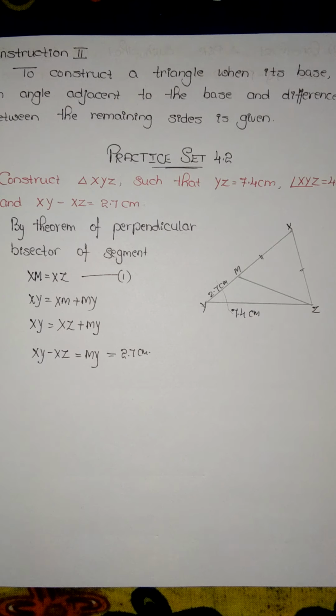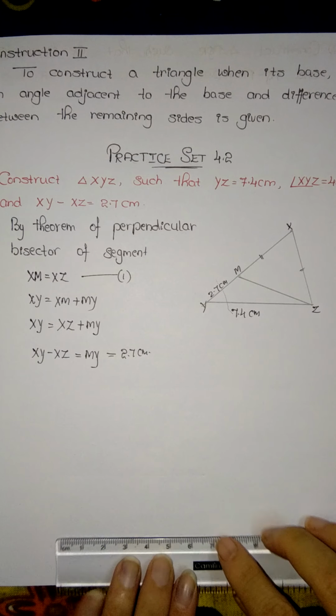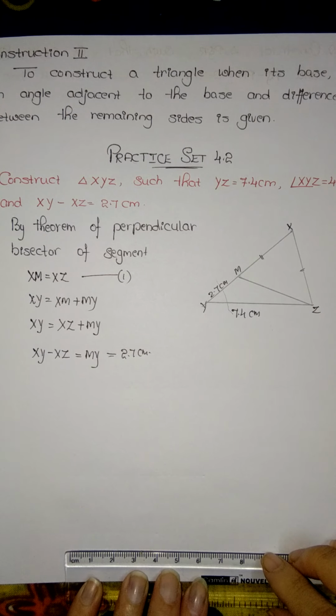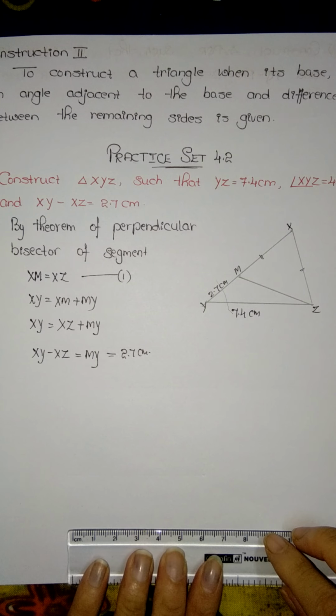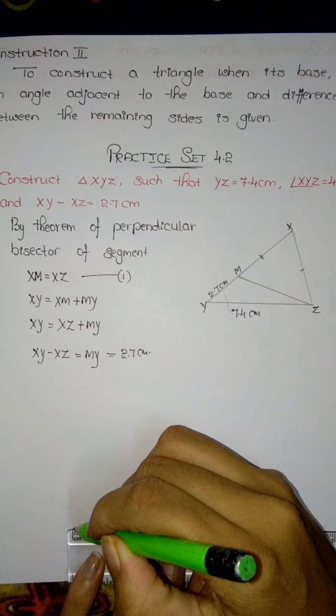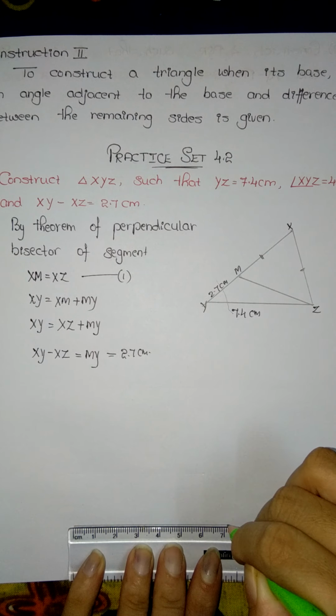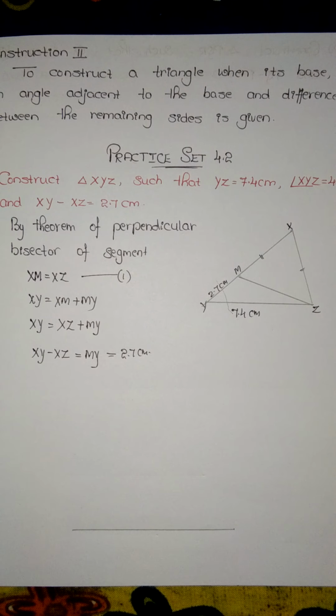First draw a segment YZ that is 7.4 centimeter. Now draw a ray YL such that the angle is 45 degree.